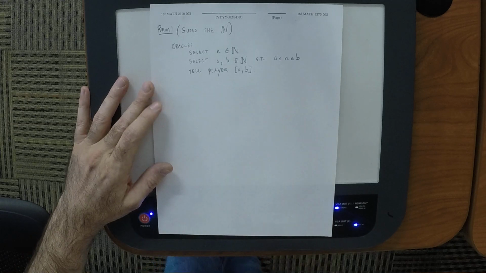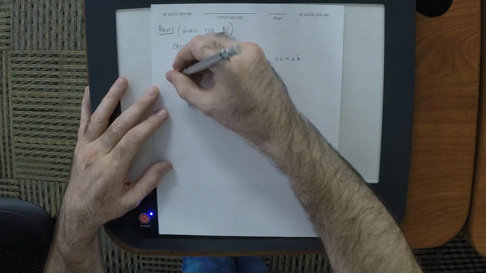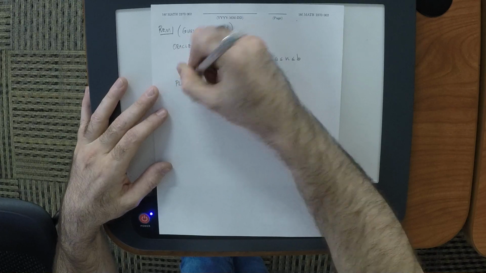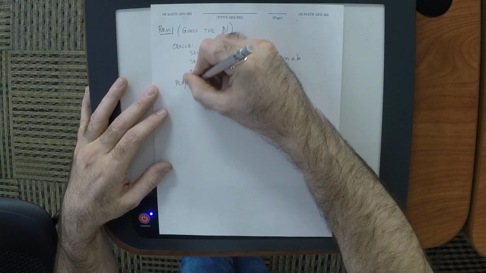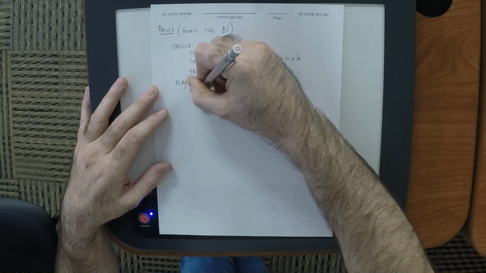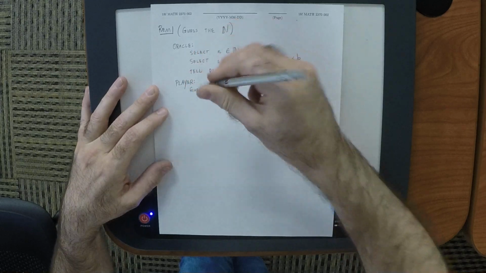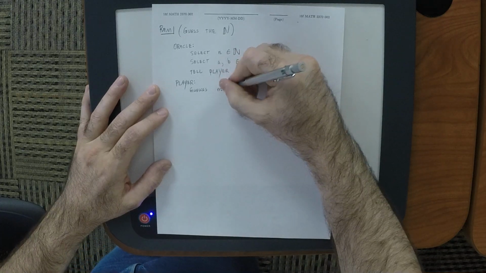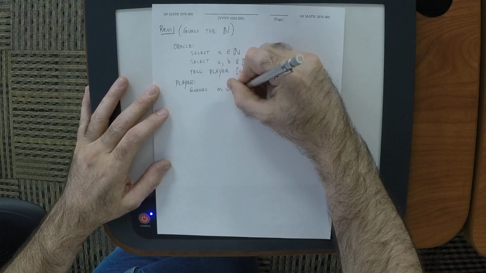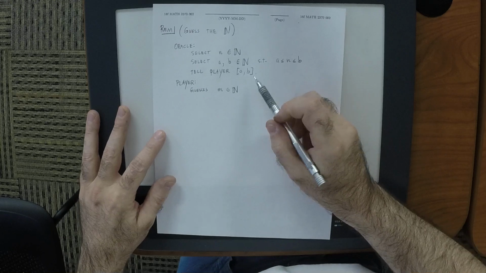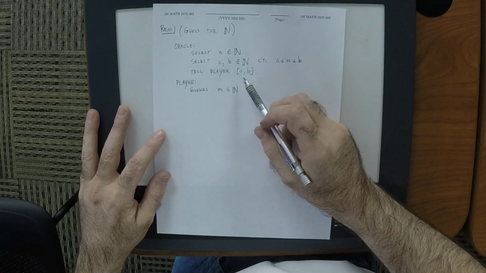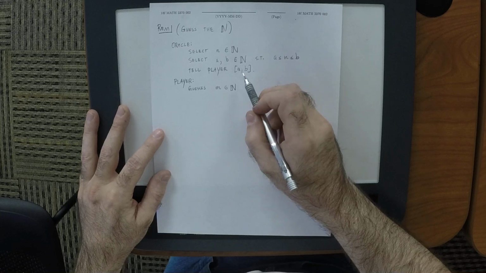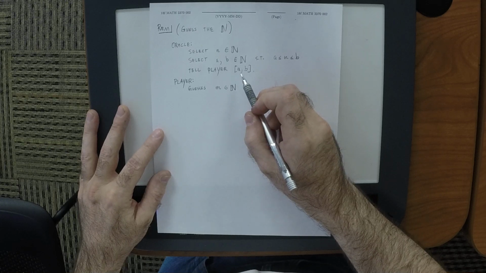So you tell the player that, and the player comes up with a guess. The guess is M in the naturals. Of course, it will be construed as an error if the player guesses a natural which is not in there.